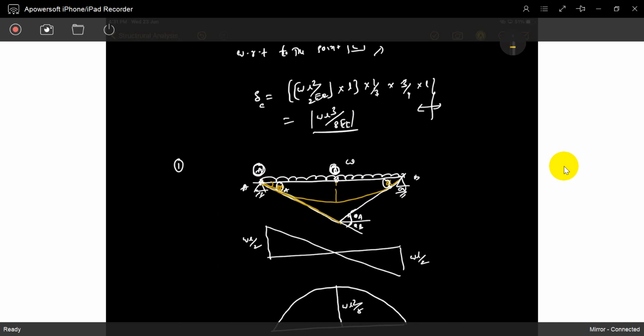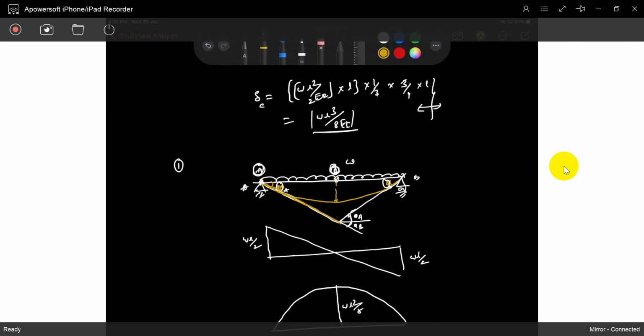If you see, this is the deflection of the point C with respect to the tangent at A. It will give this value, not this value. Understood?